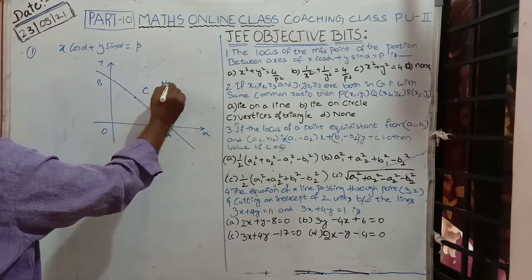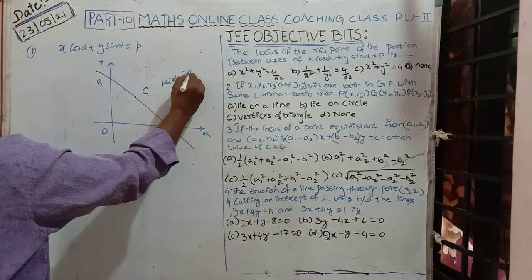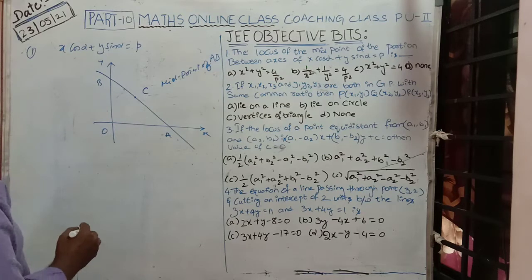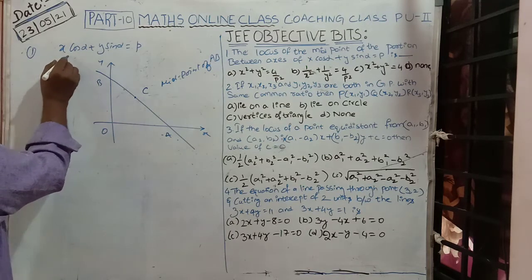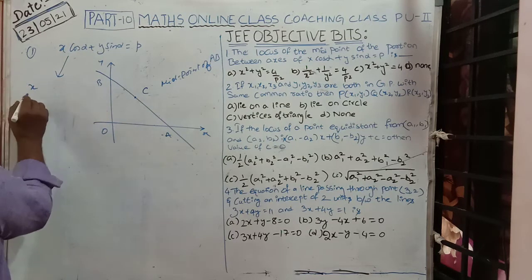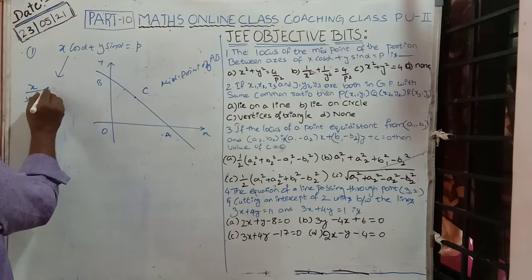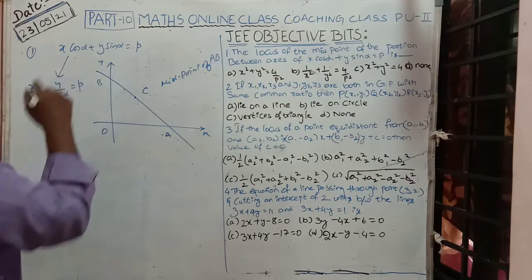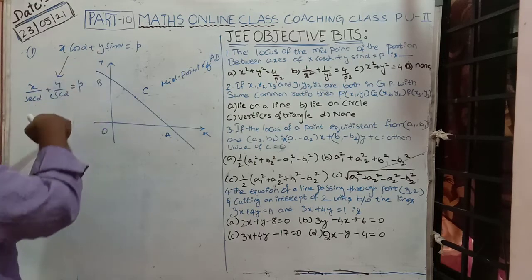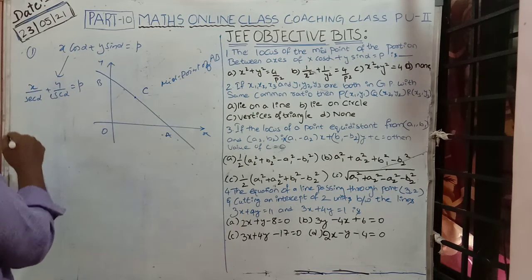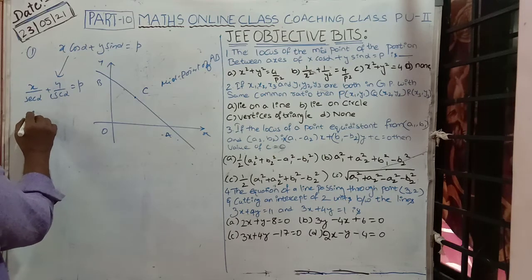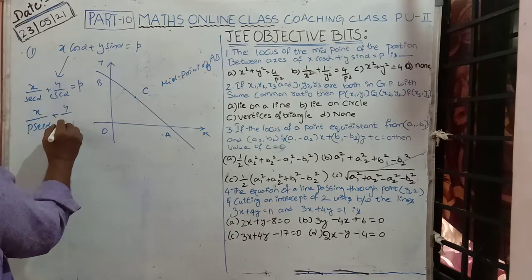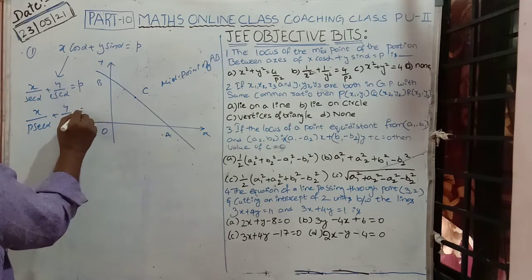C is the midpoint of AB. See, we will write it as x by secant alpha plus y by cosecant alpha is equal to p, since sin alpha is 1 by cosecant alpha and cos alpha is 1 by secant alpha. It is in the form of x by p secant alpha plus y by p cosecant alpha is equal to 1.